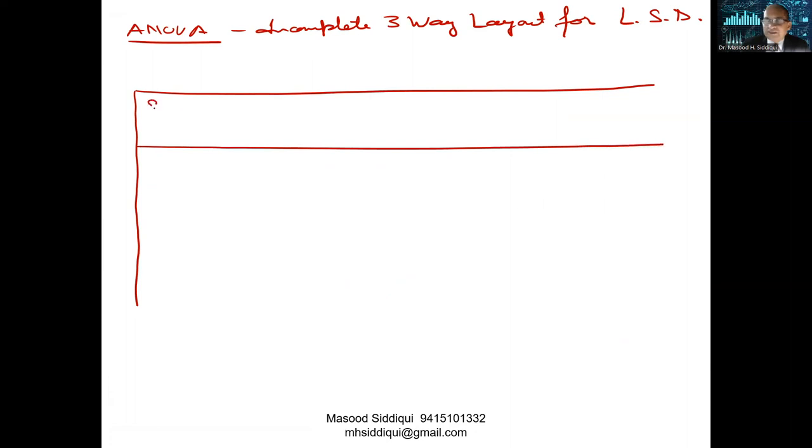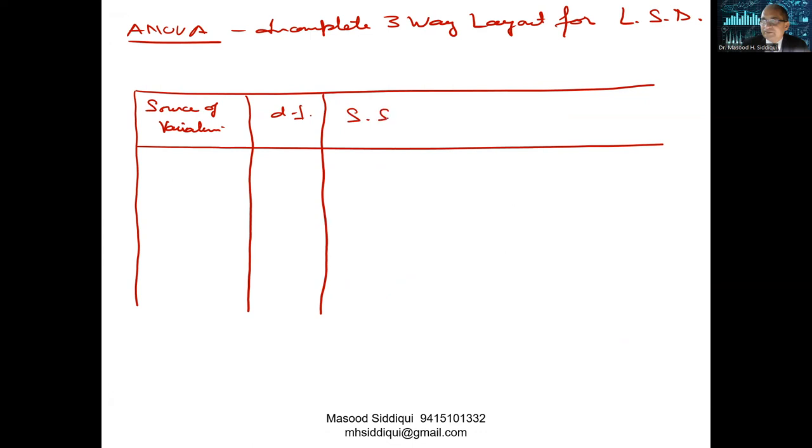The first column is sources of variation. The next one is the degrees of freedom. Next is the sum of squares, and then the mean sum of squares. The last one is the variance ratio or the F ratio.